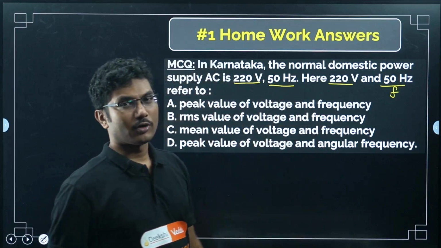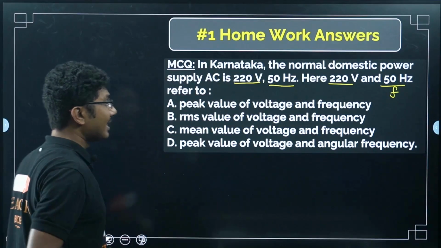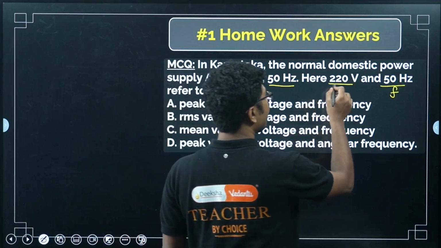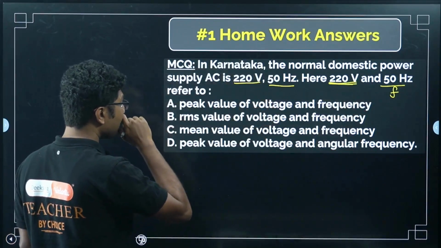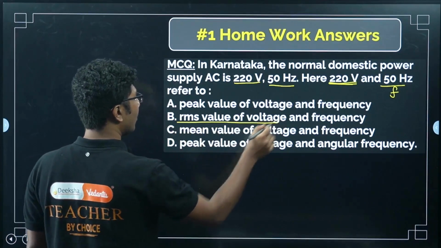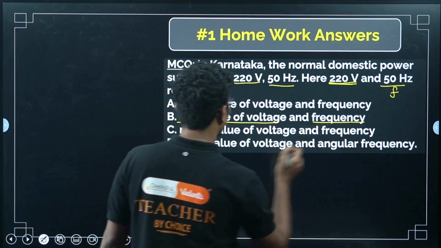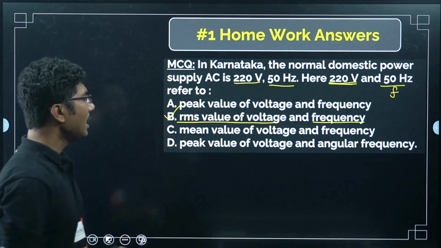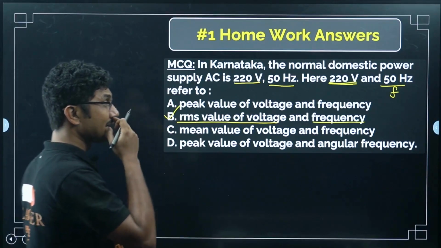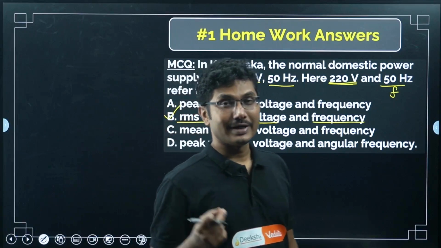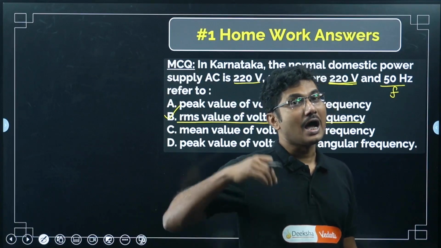That's why that formula was given to you. Now what is the meaning of this 220 volt? This represents the RMS value of the voltage. So the correct answer is option B. This is not the mean value, not the peak value. The value that is given is the RMS value. The peak value is higher than that.